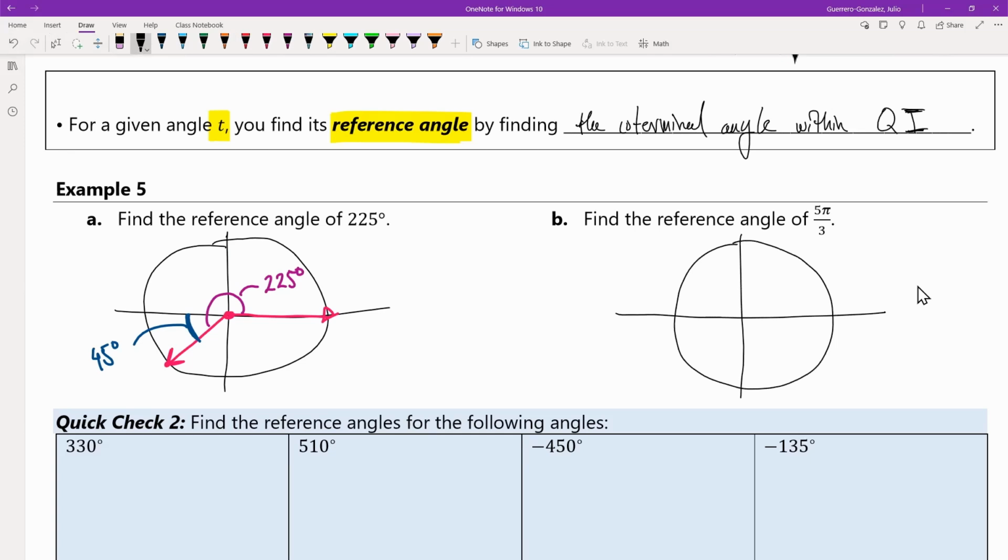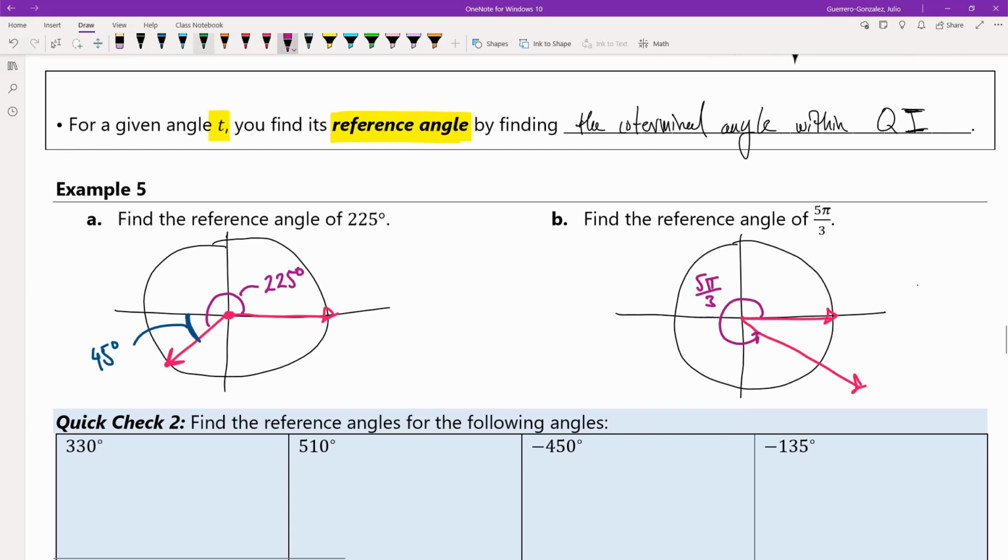Here's our unit circle. 5 pi over 3 is right here. So start here, and it goes all the way up to, I believe, about there, way out there. This right here is the measurement 5 pi over 3.